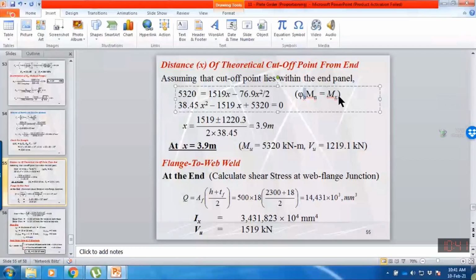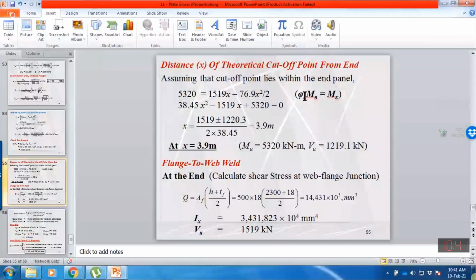So we are comparing this. This is 5Bmn and this is the moment equation, 1519x minus 76.9x squared by 2. So I'm using this equation.